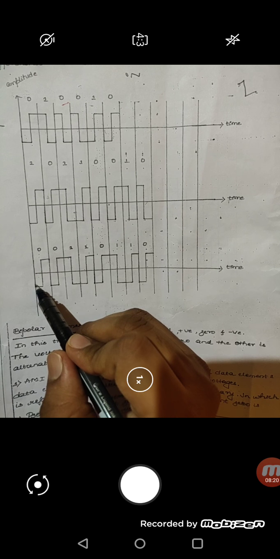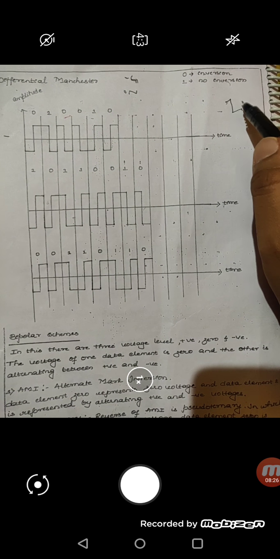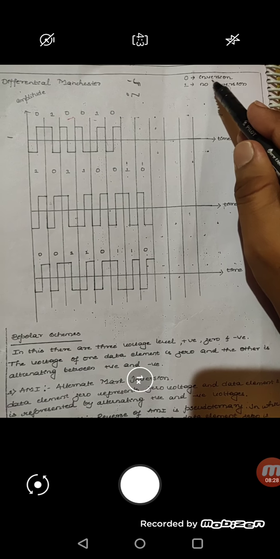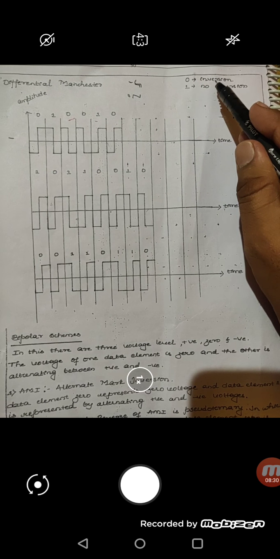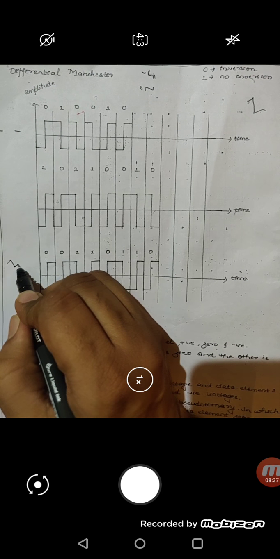The same way for the third example, here the bit is 0, so we will invert the signal. Actually we would draw 0 in this direction, but when there is 0 there is an inversion. Inversion means opposite direction, so we will draw exactly the opposite direction.